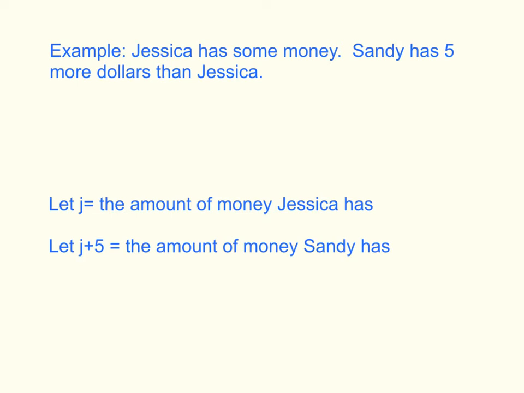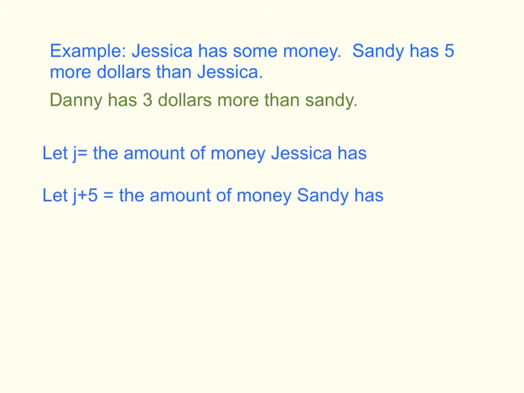Okay, so now what if I add another piece here that says Danny has $3 more than Sandy. Let me change that color so we know it's different. So let's think about this for a minute. We know Jessica. We know Sandy. Now we need to figure out Danny.